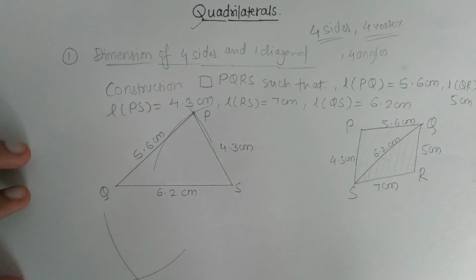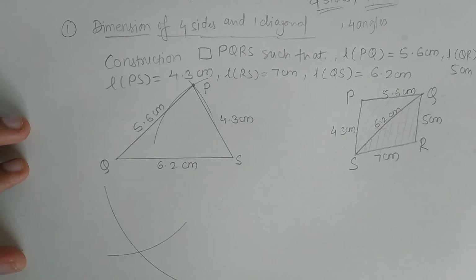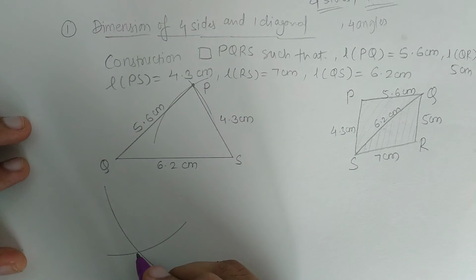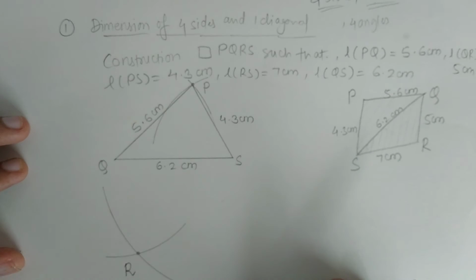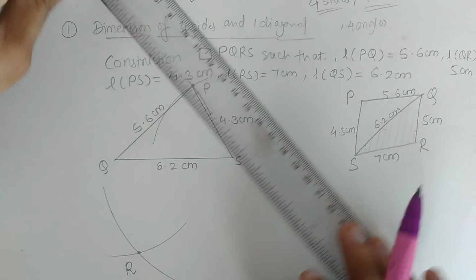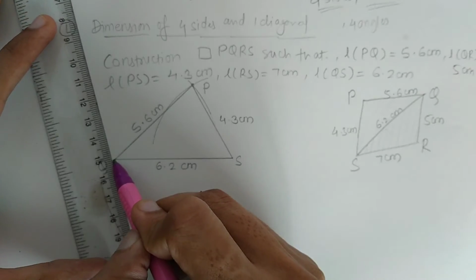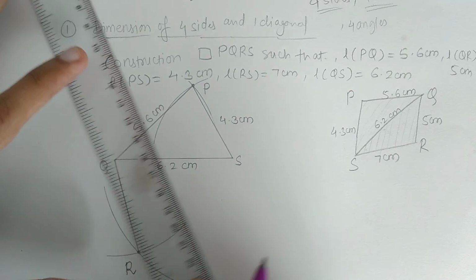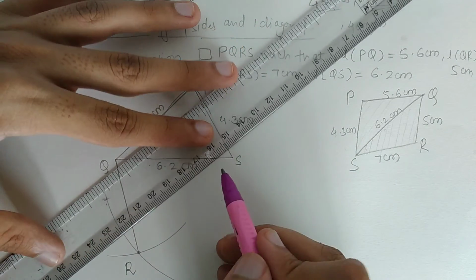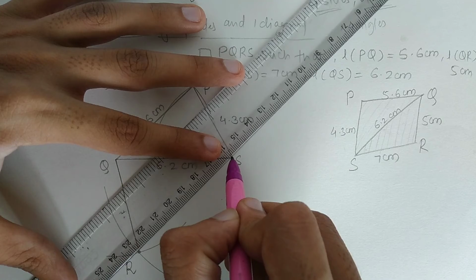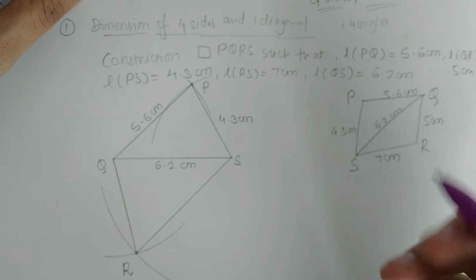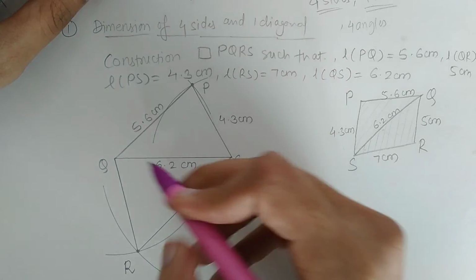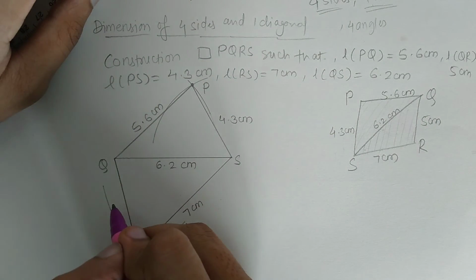Now again I have got an arc, the intersection between the two arcs, and that is my point R. Then I will join point Q and point R, and also I will join point S and point R. The length of RS is 7 centimeter and the length of QR is 5 centimeter.